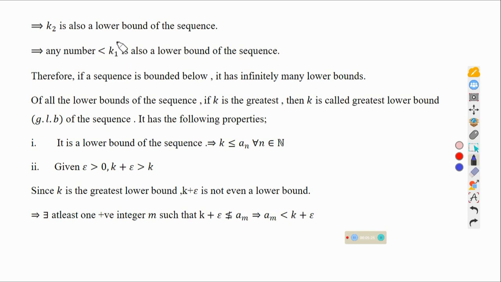So if we have very many numbers that are less than k1, it means we shall have infinitely many lower bounds, and all those will qualify to be called lower bounds. So for a sequence which is bounded below, we'll always have infinitely many lower bounds.